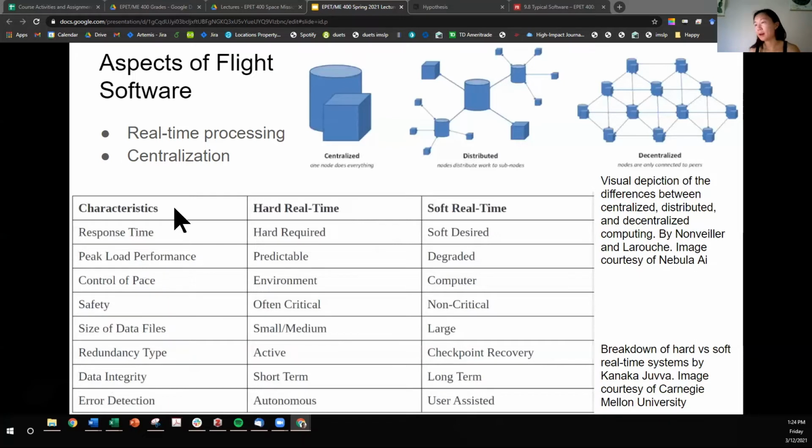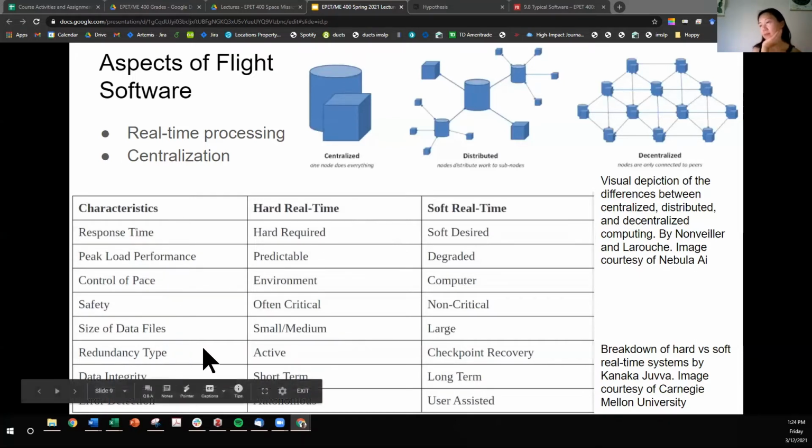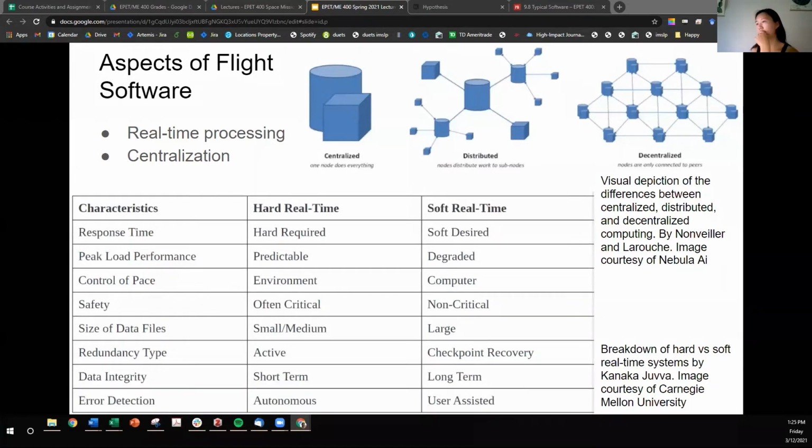So here we have characteristics of computer performance for hard real-time and soft real-time processes. For processes that have response time considered, a hard real-time system requires strict response time, whereas a soft real-time can fudge it a little bit.